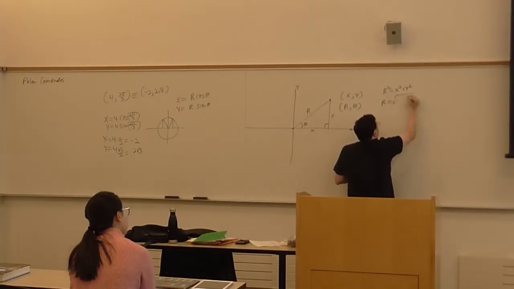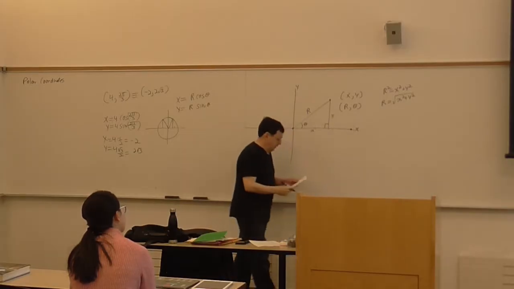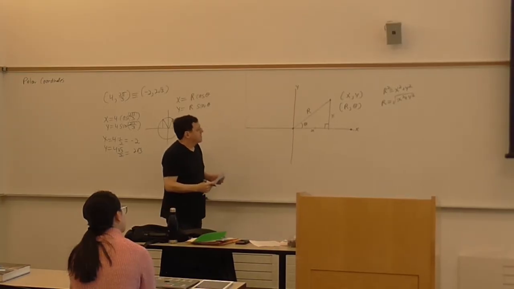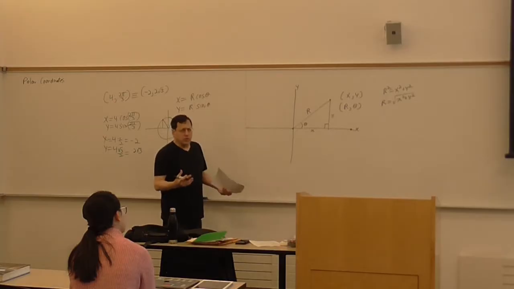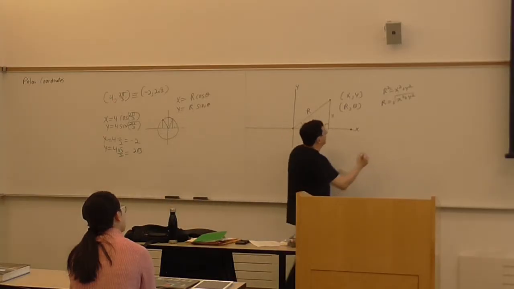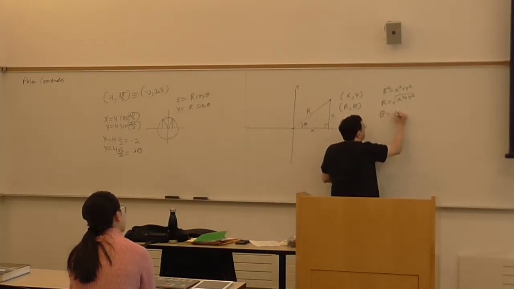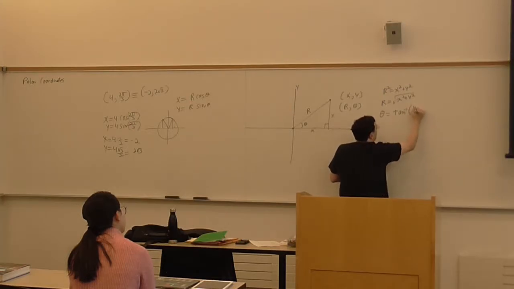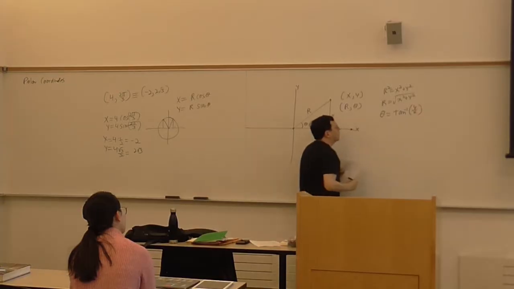So r is the square root of x squared plus y squared. However, we can see also that theta will be the inverse tangent or arctangent of y over x.